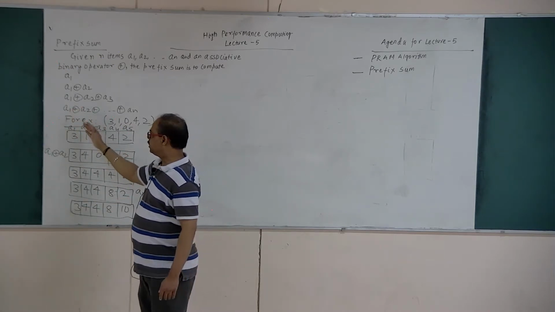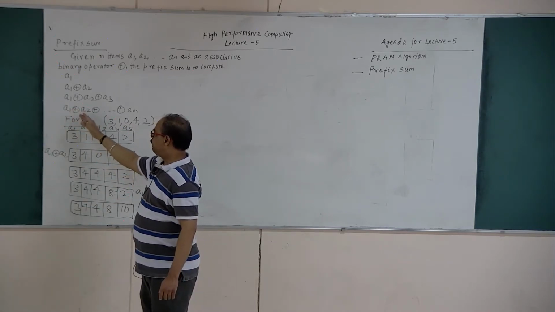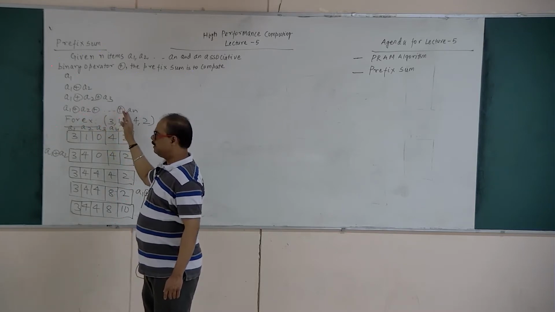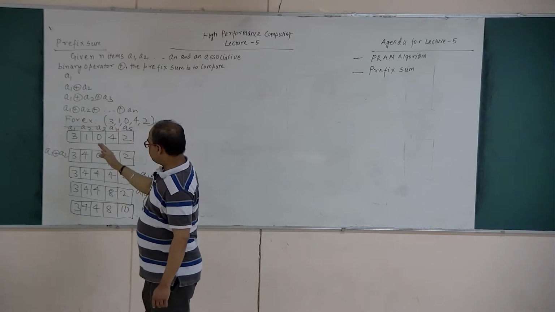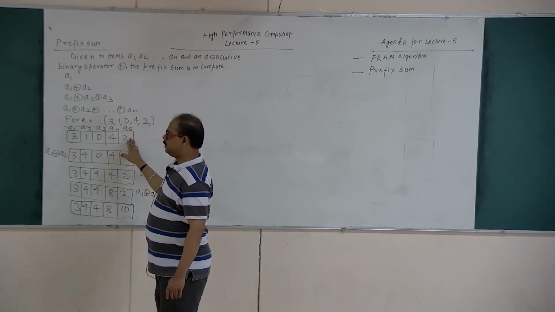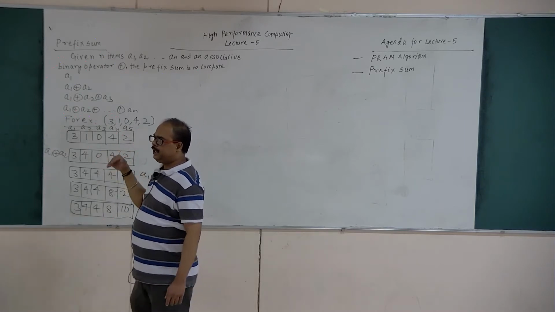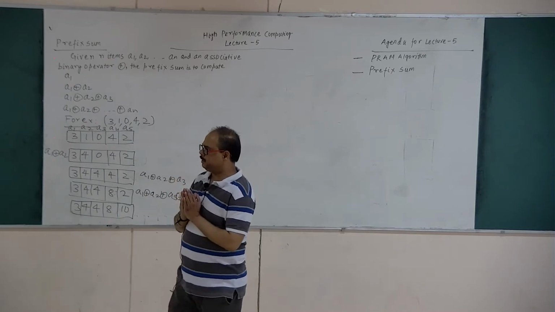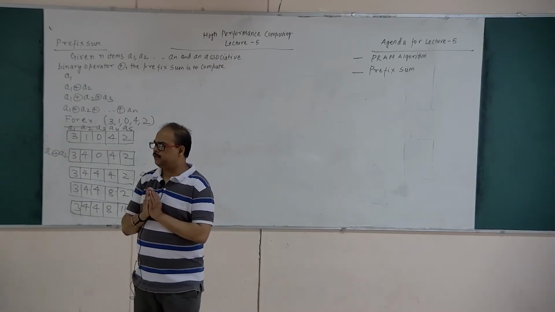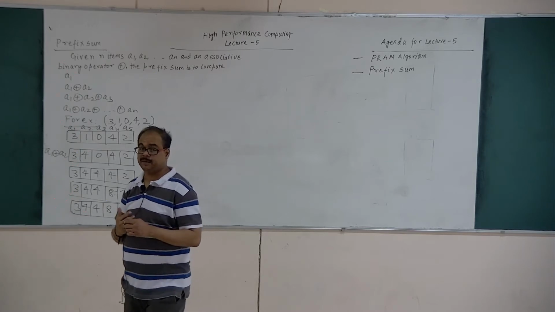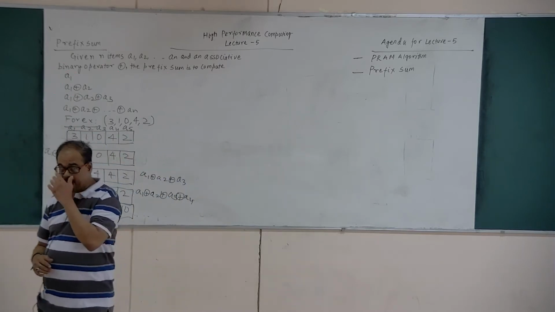In the last step we add A1 plus A2 plus A3 plus A4 up to An, and the sum of all these numbers will be stored at the last location, that is the An location. So prefix sum is the reverse of parallel summation.